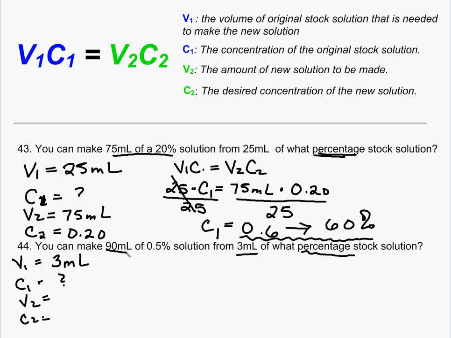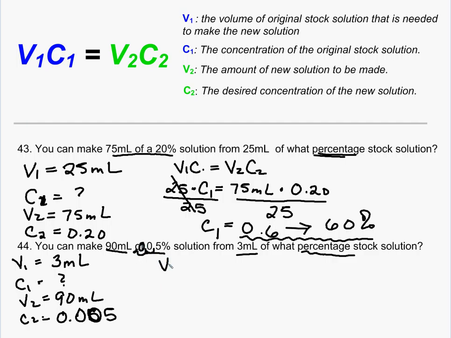You can make 90 milliliters of your new solution, and the new solution is 0.5%. Again, have to be careful in how you write this 0.5%. Actually it's 0.5, so it should be 0.005. I almost messed up there too. So 0.5% to make it into a decimal becomes 0.005, and how I know that is that I always move my decimal to the left two places.